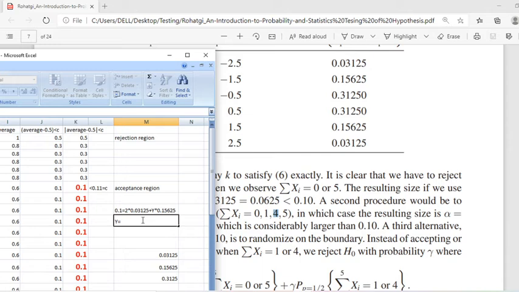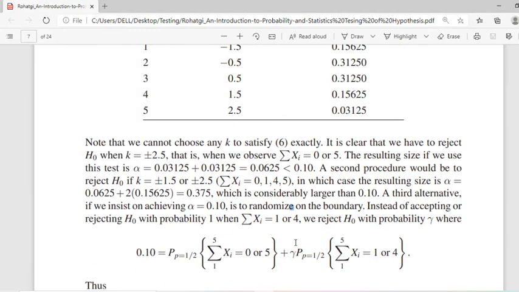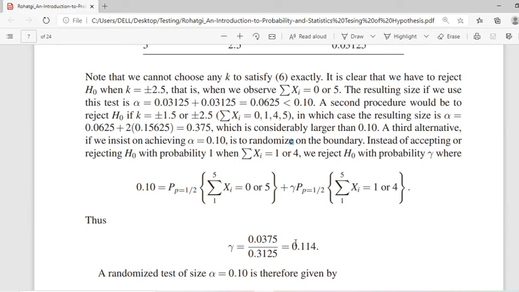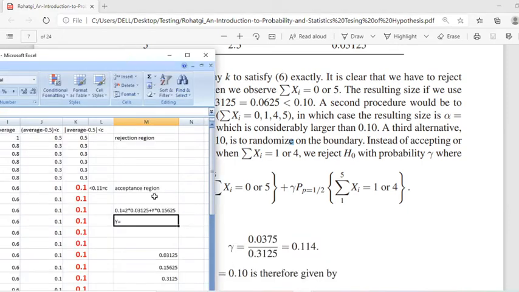Gamma equals what? Gamma equals 0.1 minus 2 times 0.0315, divided by 2 times 0.15625.